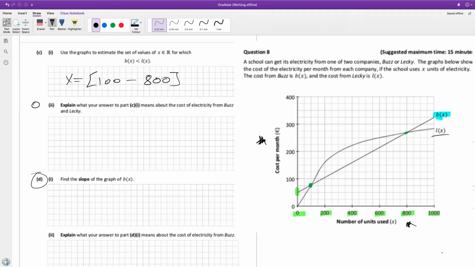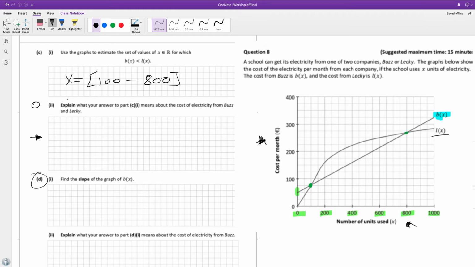Looking at an awful lot of blank faces, guys. Right, let's have a little go at it. Emer, did you write anything down for this one? Brilliant. More than 800, Buzz is more expensive.